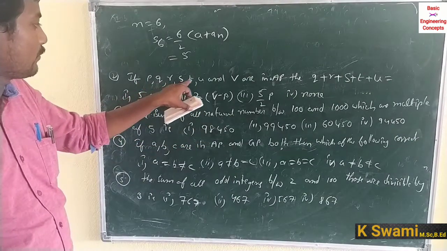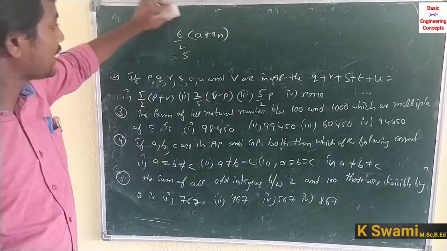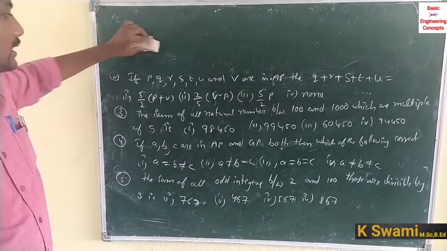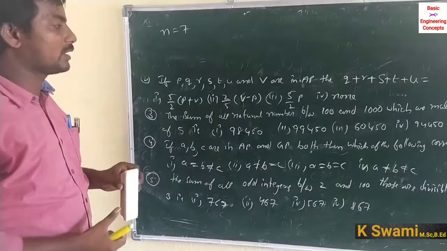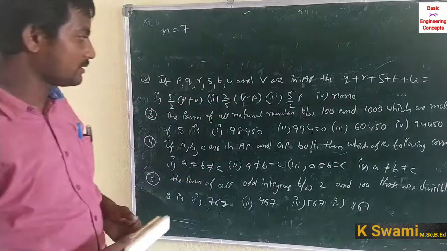1 2 3 4 5 6 7. Sorry, n is equal to 7. The number of terms in given series is equal to 7.